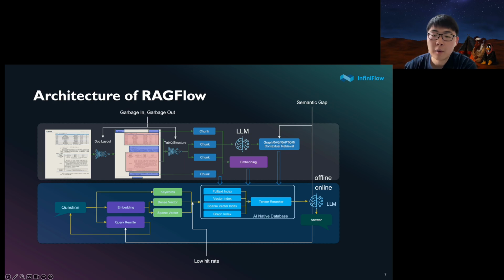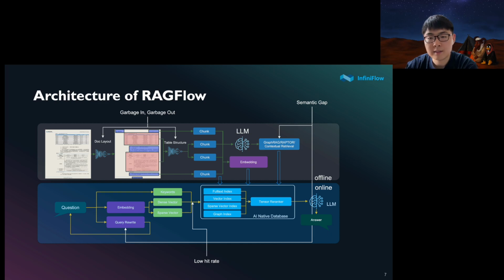It works for many forms of documents and is fine-tuned for various scenarios like laws, manuals, papers, reports, as well as different kinds of PDFs filled with tables and diagrams. And to address the semantic gap, we leverage techniques like GraphRAG and RAPTOR as a document pre-processing pipeline to adopt large language models to better align them with users' intent.